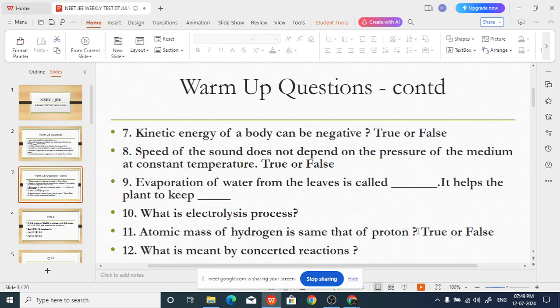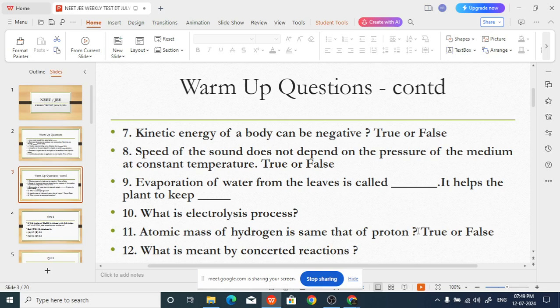Can you read the 7th question, one of you? Kinetic energy of a body can be negative. True or false? What is the formula for kinetic energy? Half mv square. Can mass be negative? No, sir.